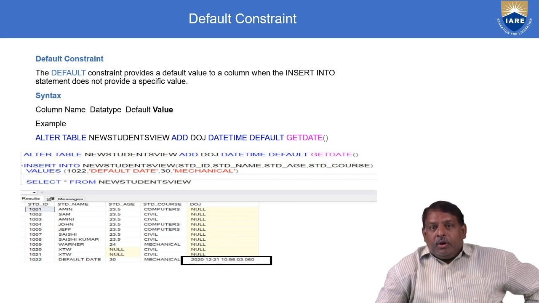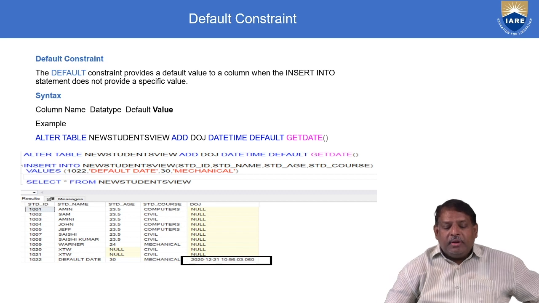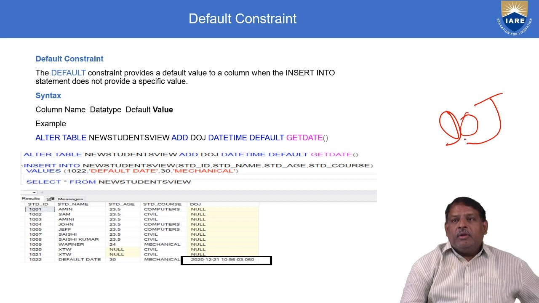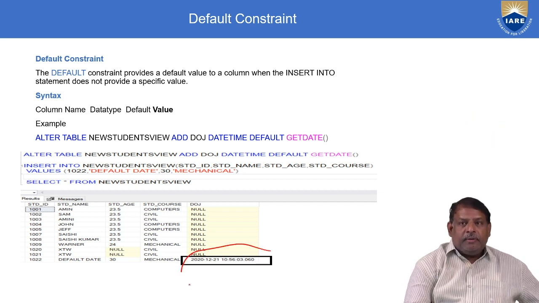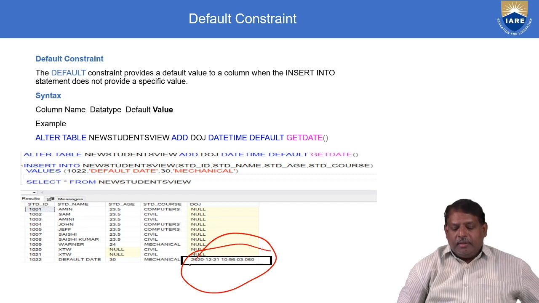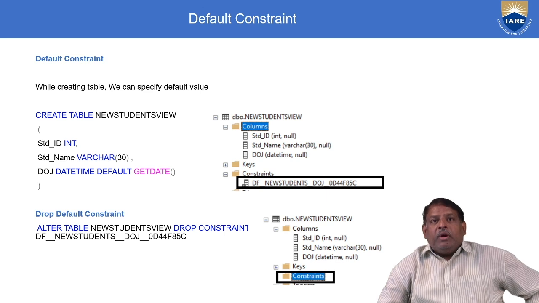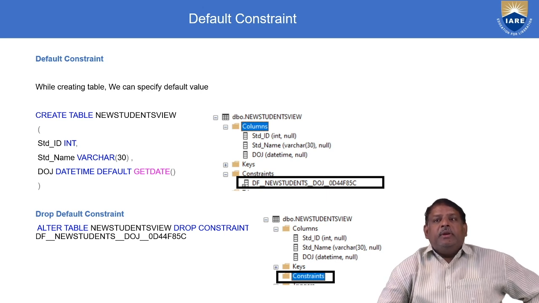So now here you can see I'm trying to insert a new student view record with 1022, default date, 30, mechanical. I'm not inserting the date of joining. Automatically the system will provide today's date.